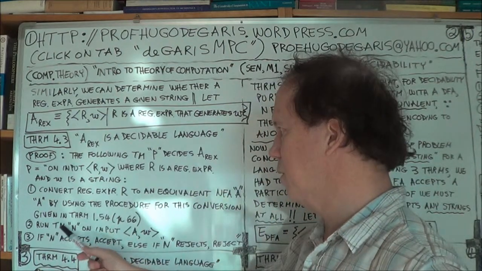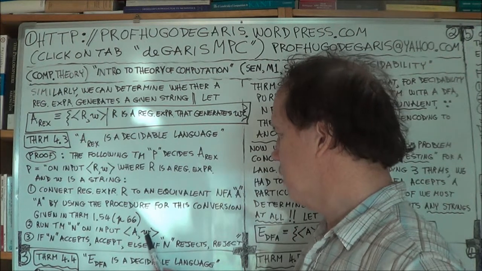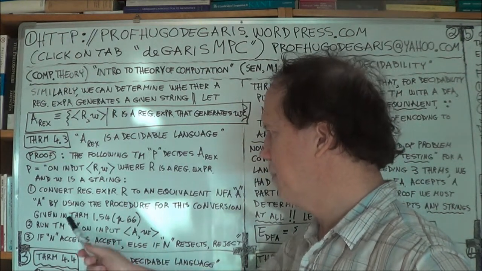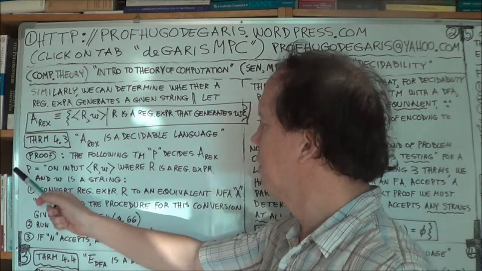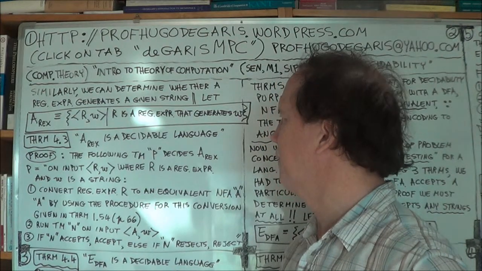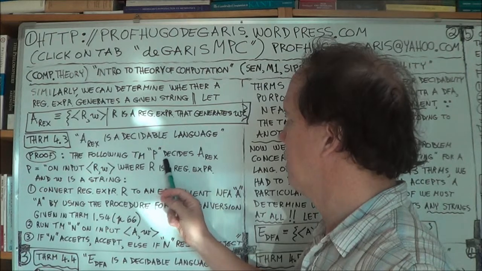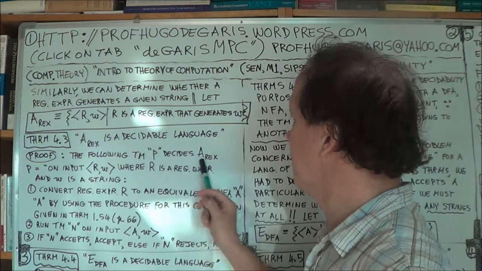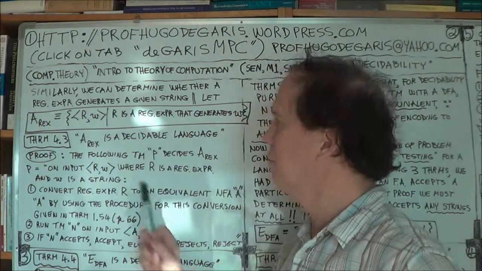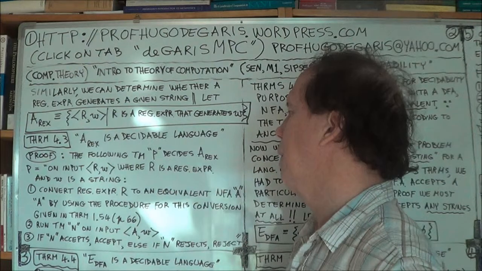Now stage 2, what do you do then? Well, you've got this NFA now, and you've got the string, that doesn't change. As a part of this, I'll call it Turing machine P, which is to decide this language, A regex, of this form.